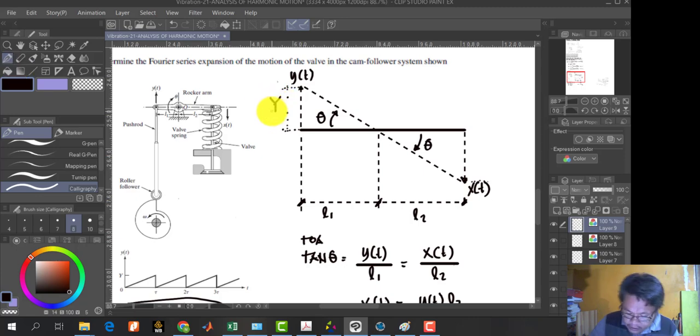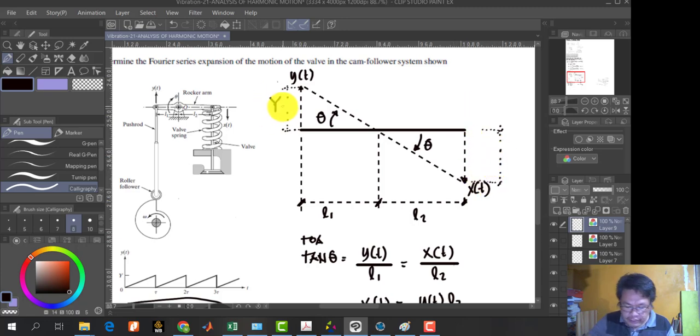On the other side, since we don't have the value of this one, I'm going to denote this distance, this height, rather than using x as a function of time, as my amplitude.